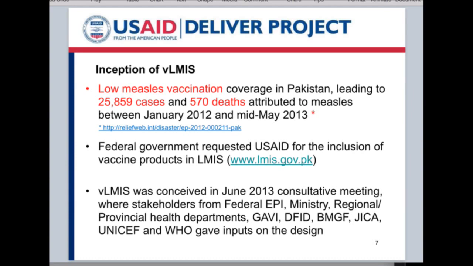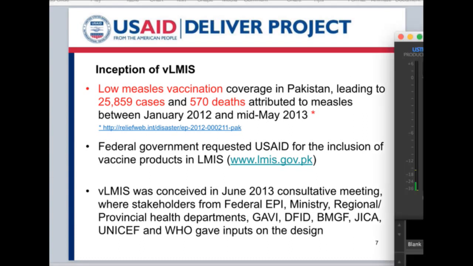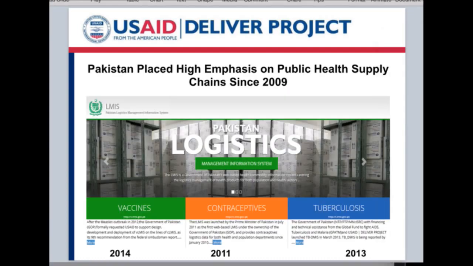Initially, the mandate was logistics, but later the program indicators were also included in this information system. LMIS was actually started in 2011 with the contraceptive health products, but later on tuberculosis products and then vaccine products were included.